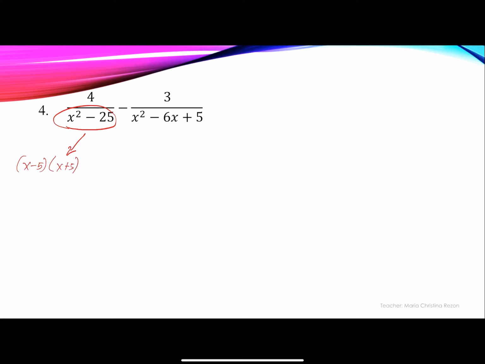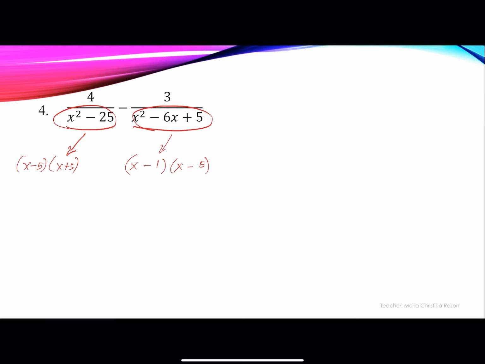And then this one here, you can factor as x and x. For 5, what are the factors of 5 that when you add give you 6? Since 5 is positive here and 6 is negative, both will be negative. So this will be 5 and this will be 1.